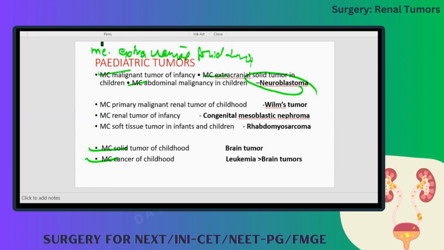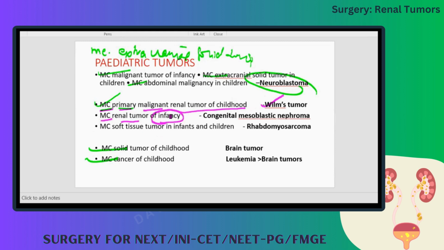Okay, and see here, most common primary. These are all important. Sometimes these questions they'll ask you, not regularly, but sometimes just like that. It is just one word. If you know, you'll answer. Most common primary malignant renal tumor of childhood: Wilms tumor, no doubt about it. But here, most common renal tumor of infancy.